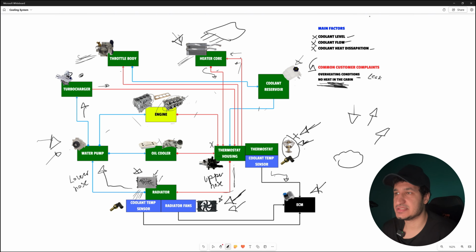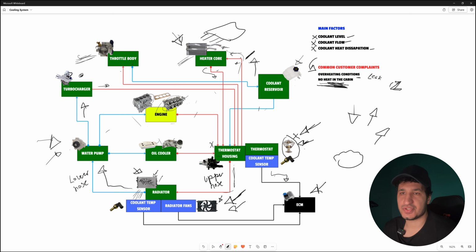It's a seized or clogged heater core from either dirt, debris or rust, and the flow of coolant is stopped from entering the heater core. The hot coolant cannot go in, and then when the fan on the inside of the cabin blows air, the hot air cannot find its way into the cabin. So that's one issue where you could have no heat in your cabin.